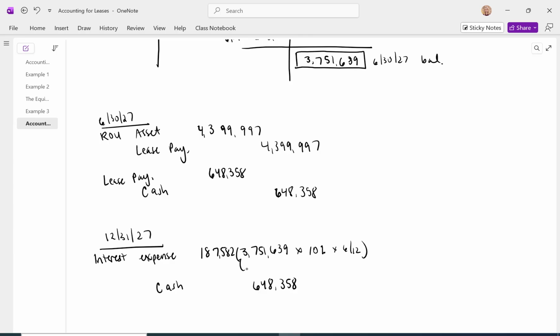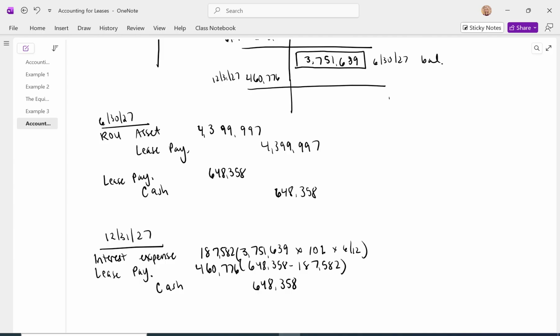The difference between our cash payment and the interest is the amount by which we reduce the lease payable. That works out to be $460,776. I'm going to post that, reducing my lease payable by $460,776 on my T account.